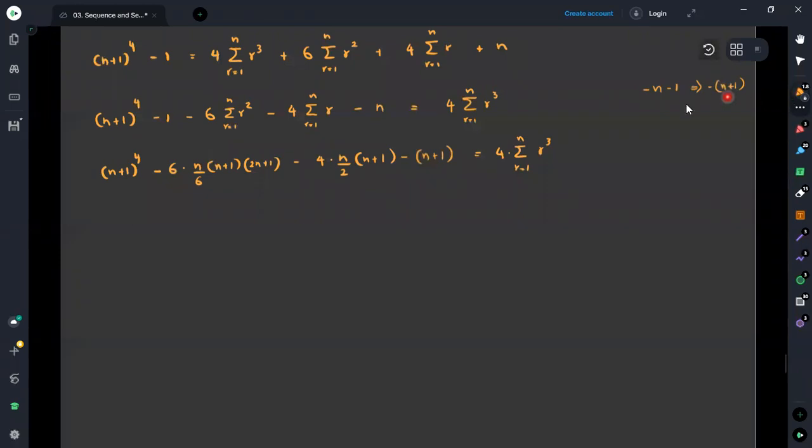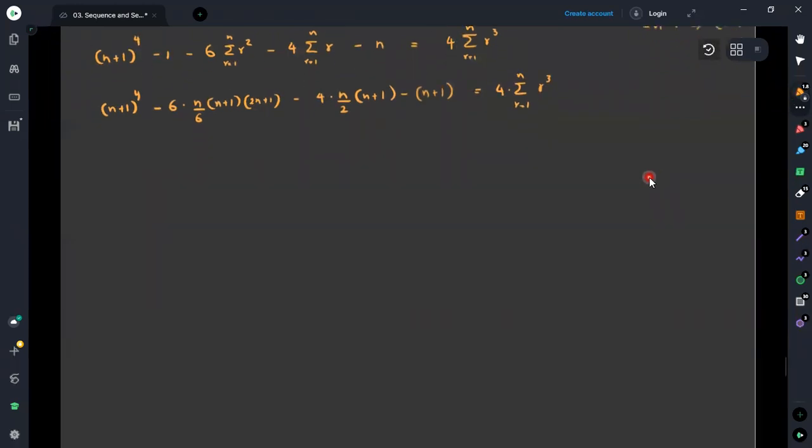Now we can take n plus 1 out from all the terms. Here we are getting n plus 1 out. Then we can see (n plus 1) to the power 3 is there. 6 and 6 cancel out. Then minus n times (2n plus 1).